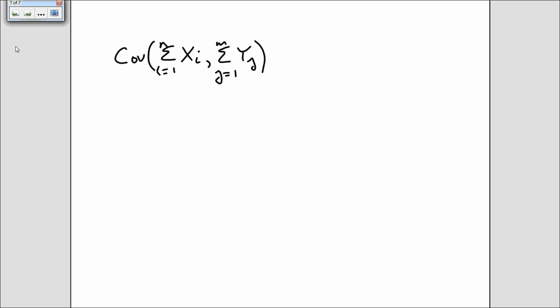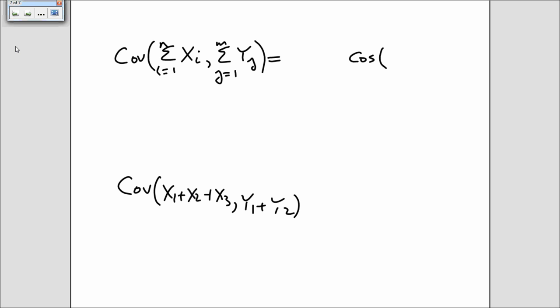In other words, what is the covariance of X1 plus X2 plus X3, comma, Y1 plus Y2? What is that equal to? Basically, it's the covariance of Xi, comma, Yj, but we sum over i and j. j goes from 1 to m, i goes from 1 to n.